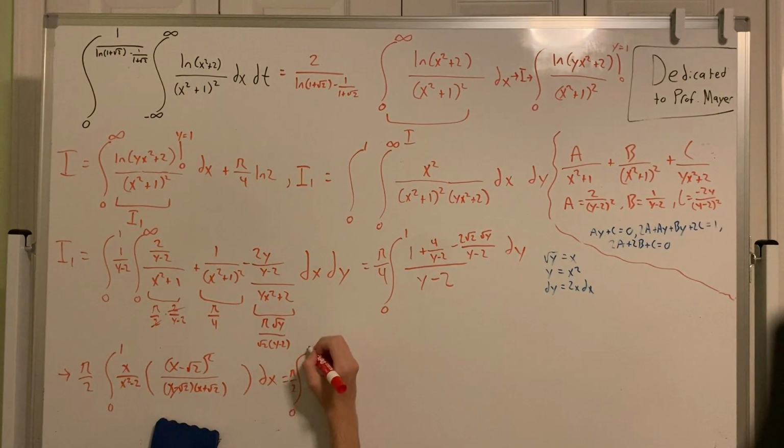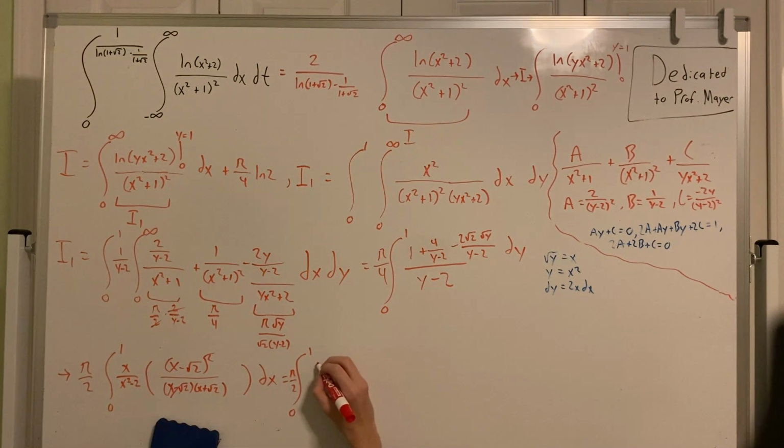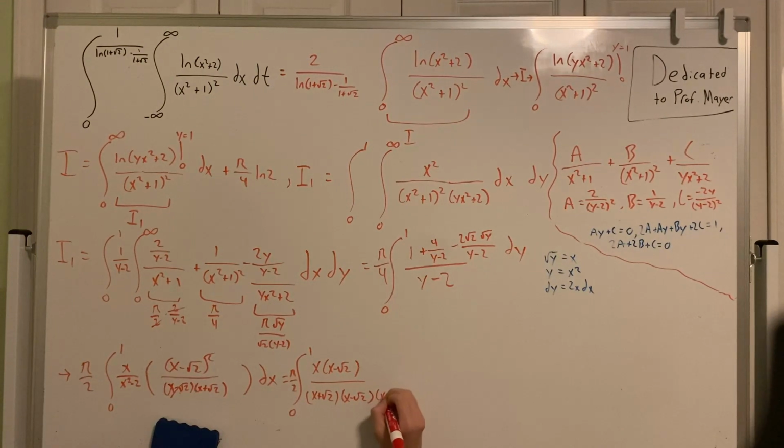Integral from 0 to 1. So we're going to have an x times an x minus root 2 over x plus root 2. And we can rewrite the other x squared minus 2 as x minus root 2 times x plus root 2.